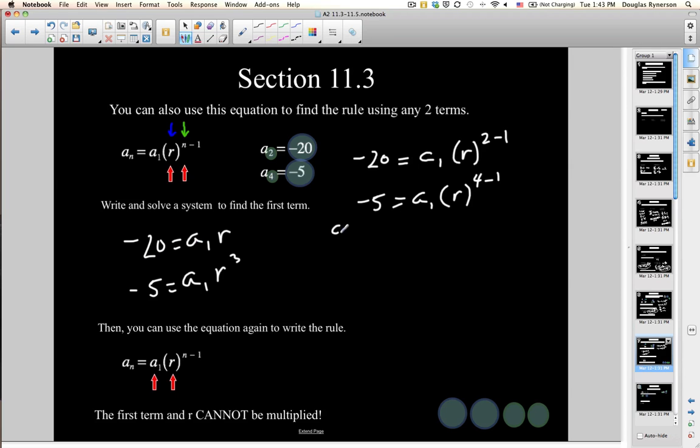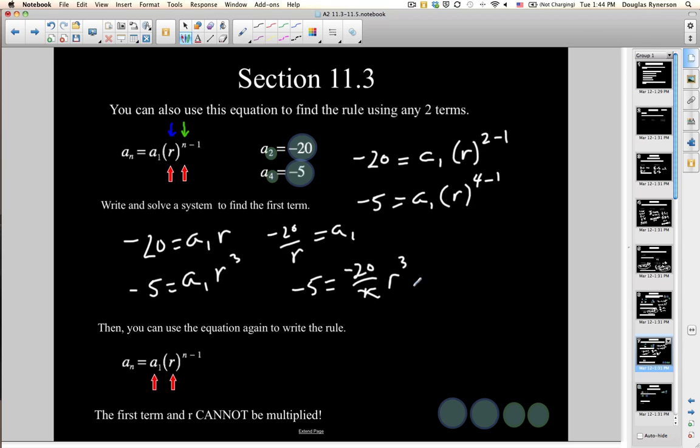Right? So if a sub 1 is equal to negative 20 divided by r, I take negative 20 divided by r and I plug it in for a sub 1.